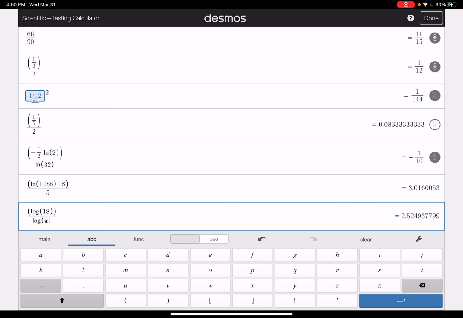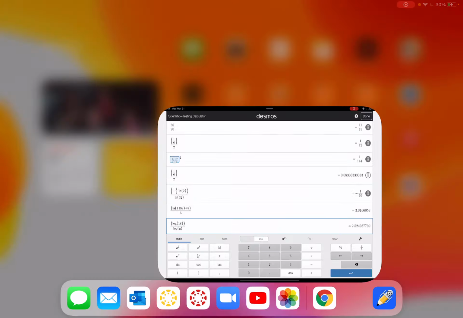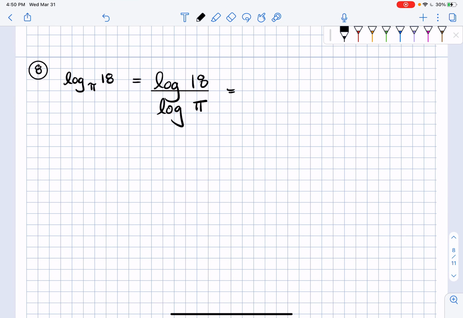There is pi. 2.5249, and it wants me to round to 4 decimal places, and there it is. And that's going to be choice B.